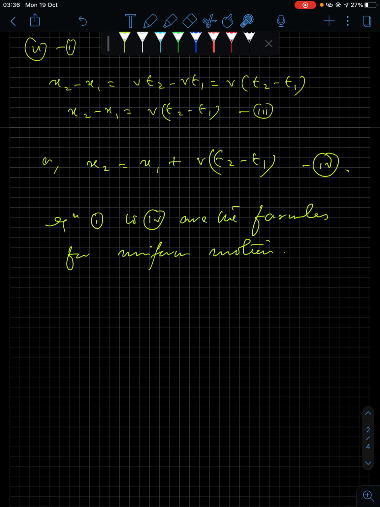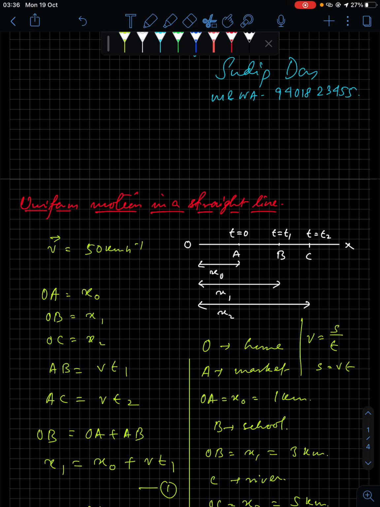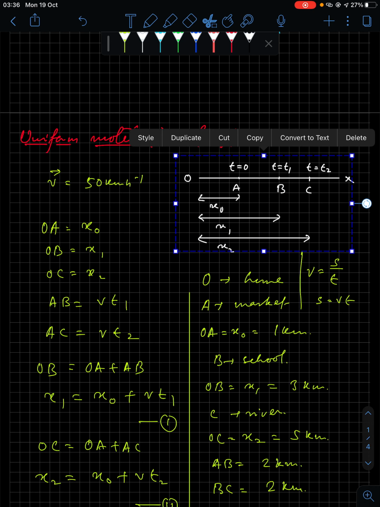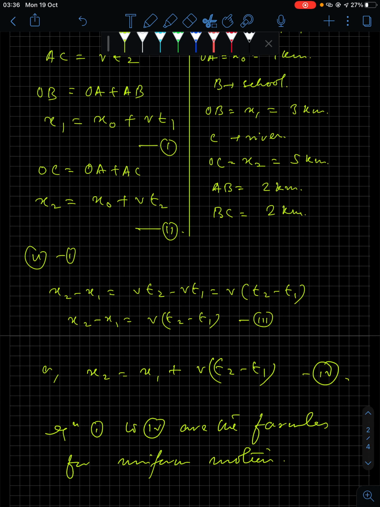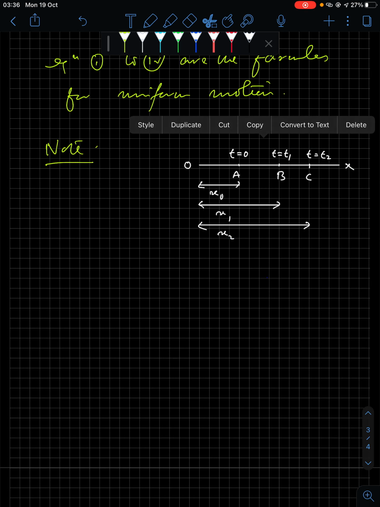So a point to be noted is, in the same situation, in the same diagram, if you consider the motion to be happening right from the origin, that is right from your home.